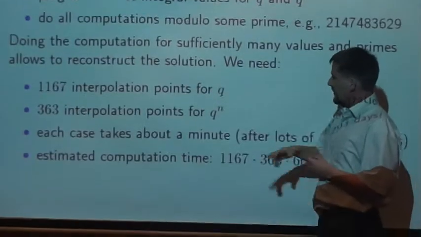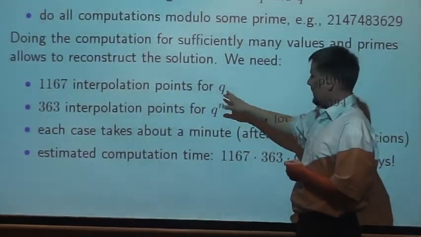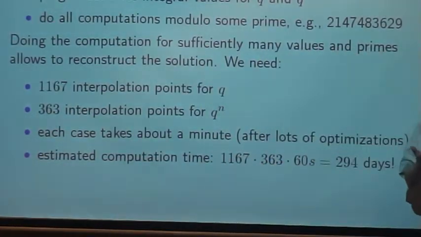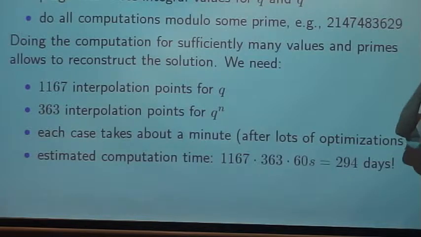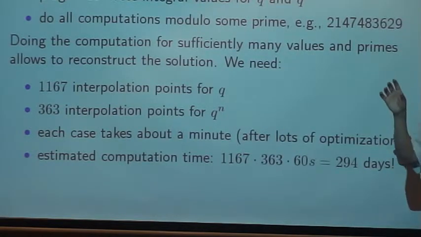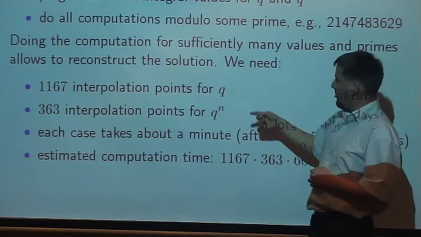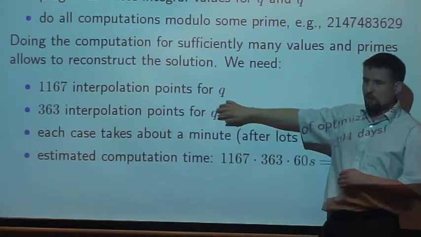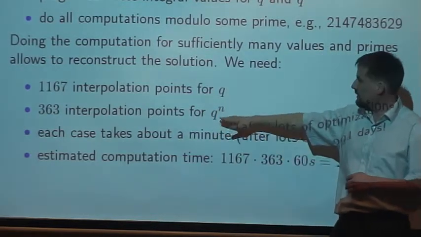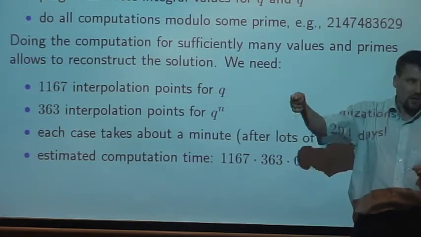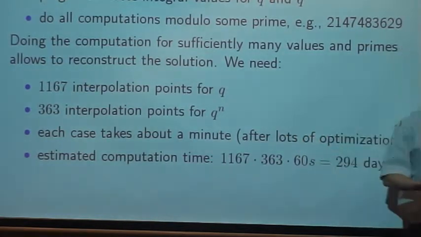I found out that I need 1,175 interpolation points for Q, which means that we have rational functions with approximately 600 degree polynomials in the numerator and denominator. And you get this if you fix Q to the n, the other indeterminate, to some certain value, and then you have to do the computation for Q many times until interpolation gives you some result.